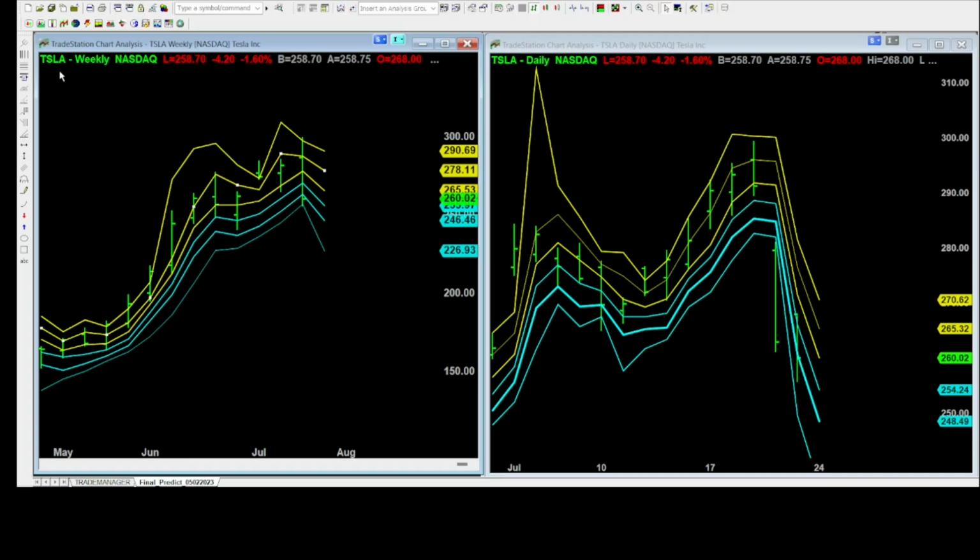So this is the last week's fluctuation. There's a big fluctuation. And on the daily chart, you can see during the latter part of the week, Thursday and Friday, there's also a big drop.